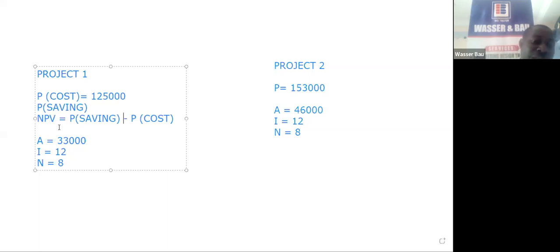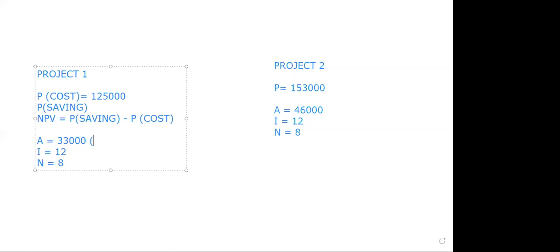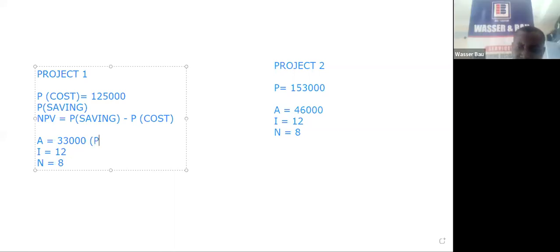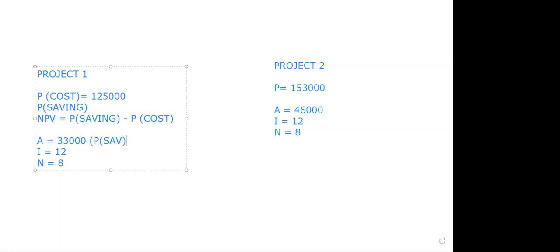So if you are using the NPV method, then this P that's given is the P of the cost. In other words, this is the present value of the cost of the investment. But we don't know the present value of the savings. The savings we are told is 33,000 naira every year for 8 years, but we don't know the P. If you are to aggregate it to present day, you don't know what it is.